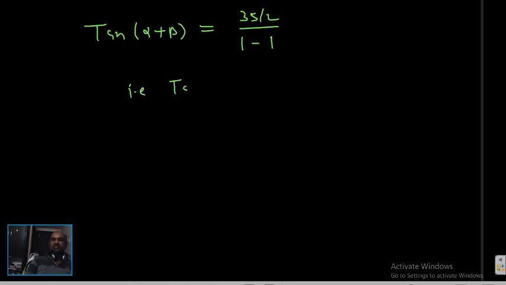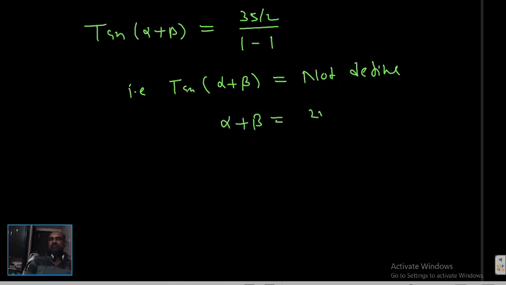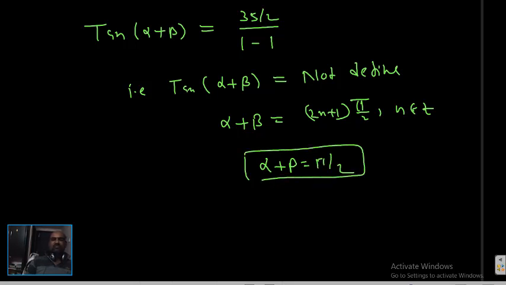That is, tan of alpha plus beta is not defined. 35 by 2 by 0, no? Something by 0 is not defined. Means alpha plus beta must have the form (2n plus 1) into pi by 2, n belongs to Z. One of the values of alpha plus beta I can say is pi by 2. Proved.